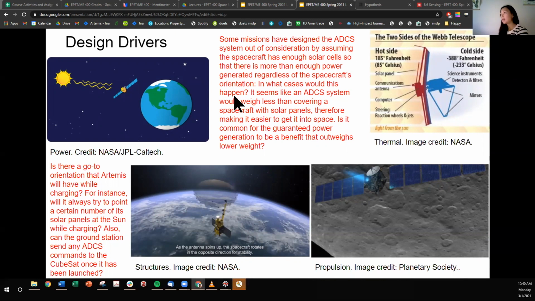So if your ADCS system is not very reliable, if it's not very agile, or it has high risk of failing, then maybe you want to build in some redundancy and just cover your entire spacecraft with solar cells so it doesn't really matter how your ADCS system works.